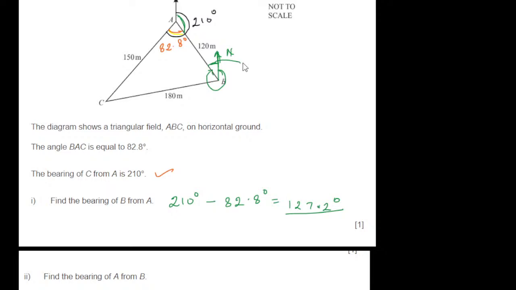So this angle is 180 minus 127.2, which is 52.8. So the bearing of A from B is 360 degrees minus 52.8 degrees, which is 307.2.